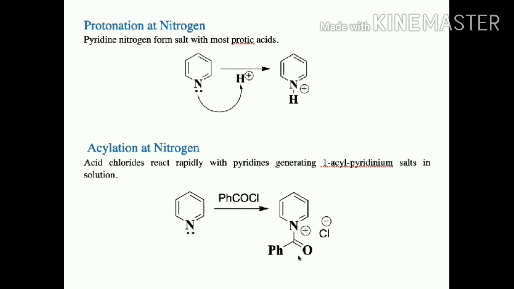While preparing aspirin, we use pyridine as a catalyst, and it forms a pyridinium salt. So that is a very good example of acylation at nitrogen.